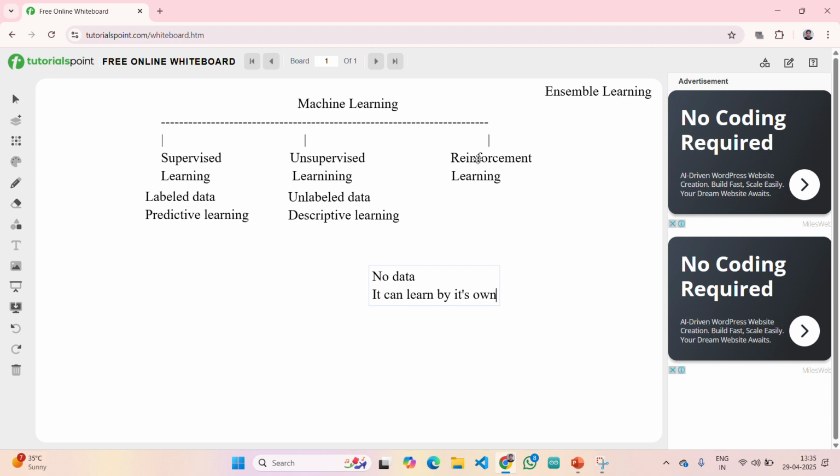That's the main purpose of reinforcement learning. But if you are trying to make an application, it takes a longer time. The reason is that you can't decide the accuracy and some measures for reinforcement learning, whereas when you apply supervised and unsupervised learning, you can easily judge the model.